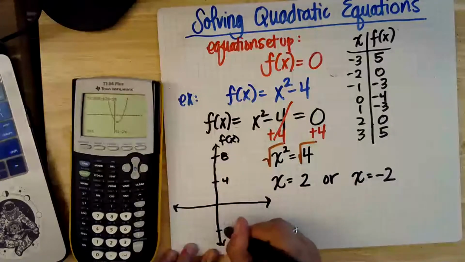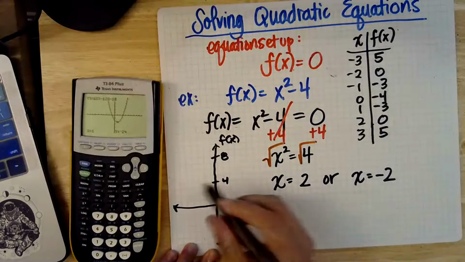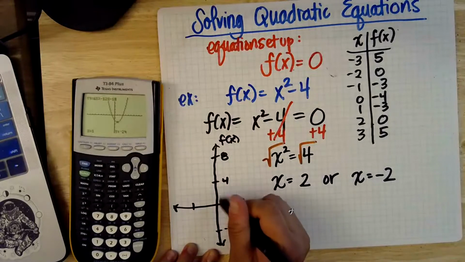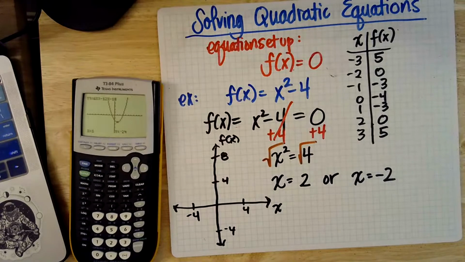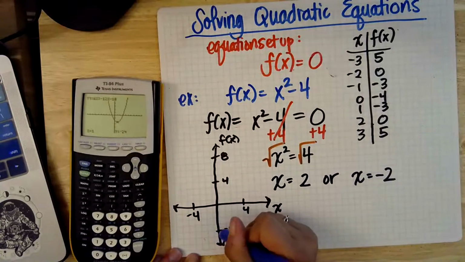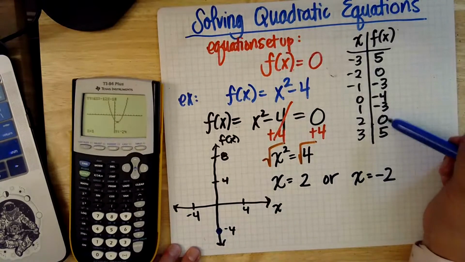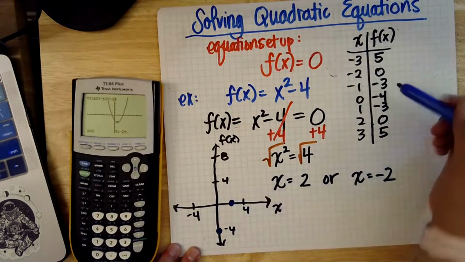So I'm going to graph this again: 0, negative 4 right there, 2, 0, negative 2, 0.